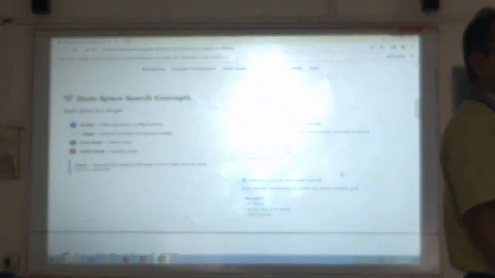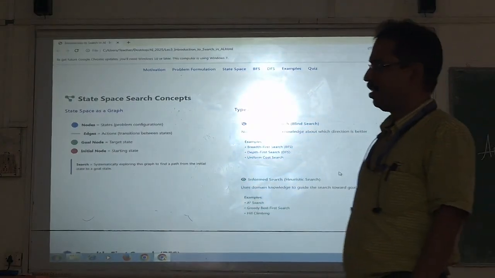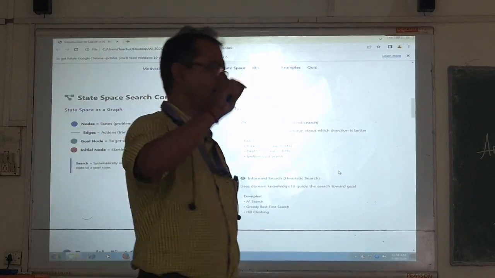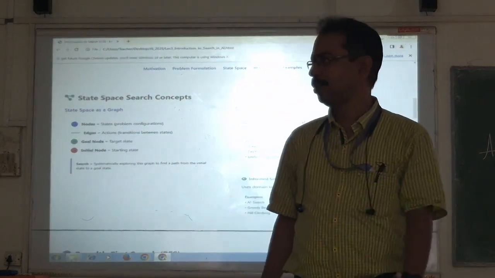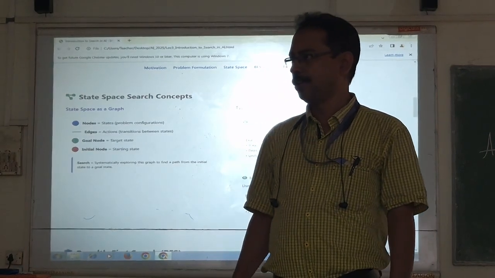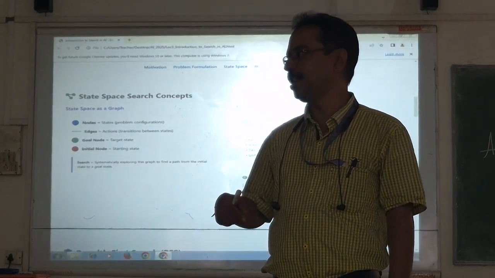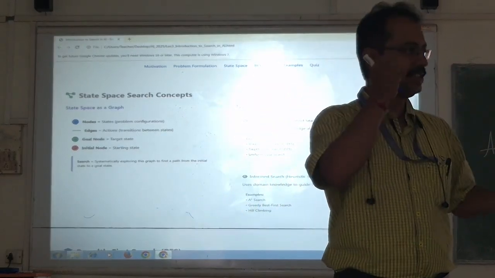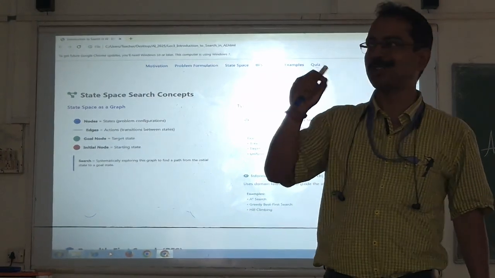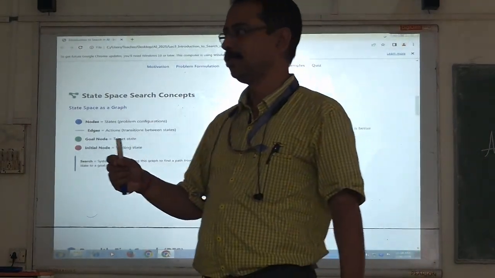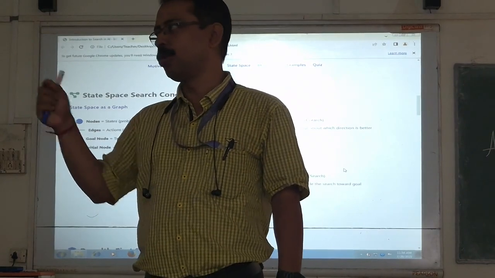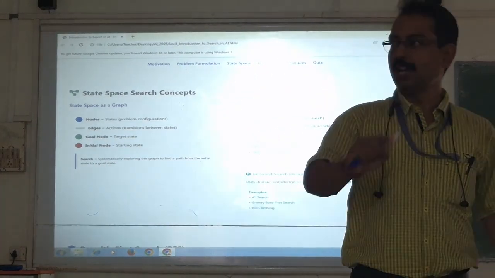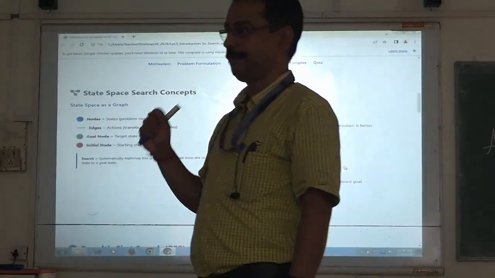Like the example that I have given, BFS and DFS. Did I give it any information about where my solution state is? Did I have any information initially? No. What I used to do was follow a proper strategy. The strategy was not dependent on where the goal state is, but it was such that if there is a goal state, I will be able to find it.